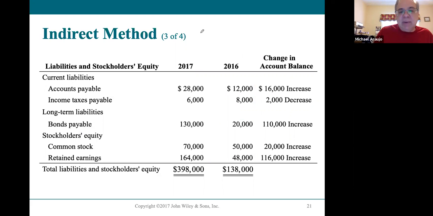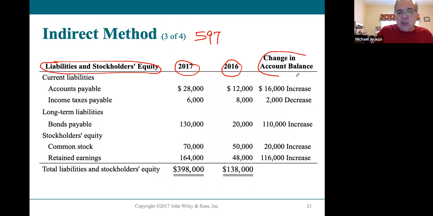It's just not set up in the same way as the last slide. This is the liabilities and stockholders' equity section of the same balance sheet for the same two years, and the changes are noted on the right side in all of those accounts.